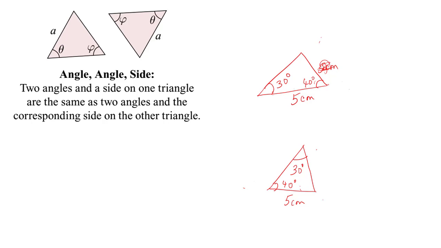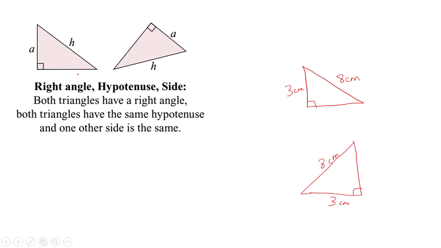Right? Look at where this 5 centimeters is. This 5 centimeters is opposite this angle here. While the other one is not opposite this angle. It's opposite the 3rd centimeter. So they're not corresponding, so these two triangles would not be congruent, right? So the side you're talking about must be corresponding, and you must have two angles that are the same.